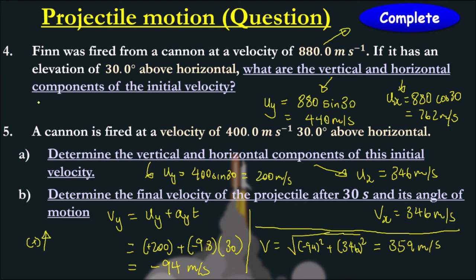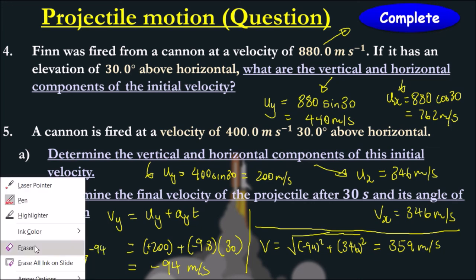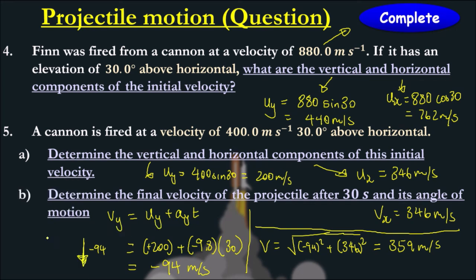Now if I work out the angle, so I know that the object is coming down like this at 94 meters per second. Just get rid of this diagram here. And we are traveling in this direction at 346 meters per second. Then the resultant vector looks a bit like this. So the angle of approach is this angle here.